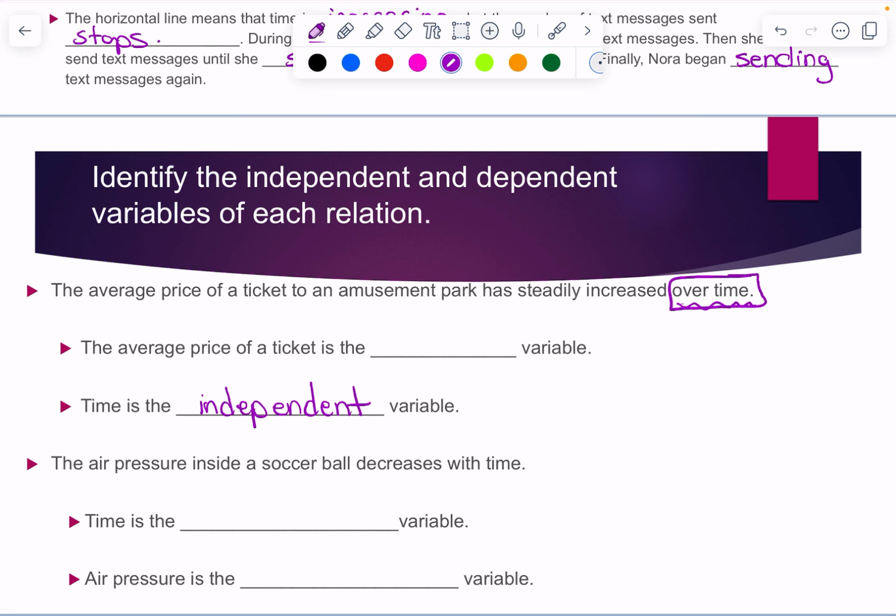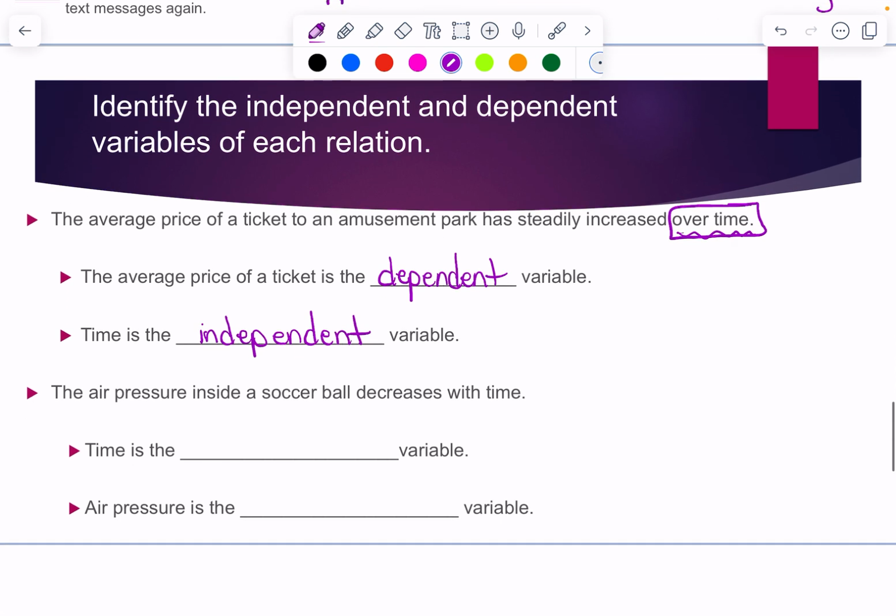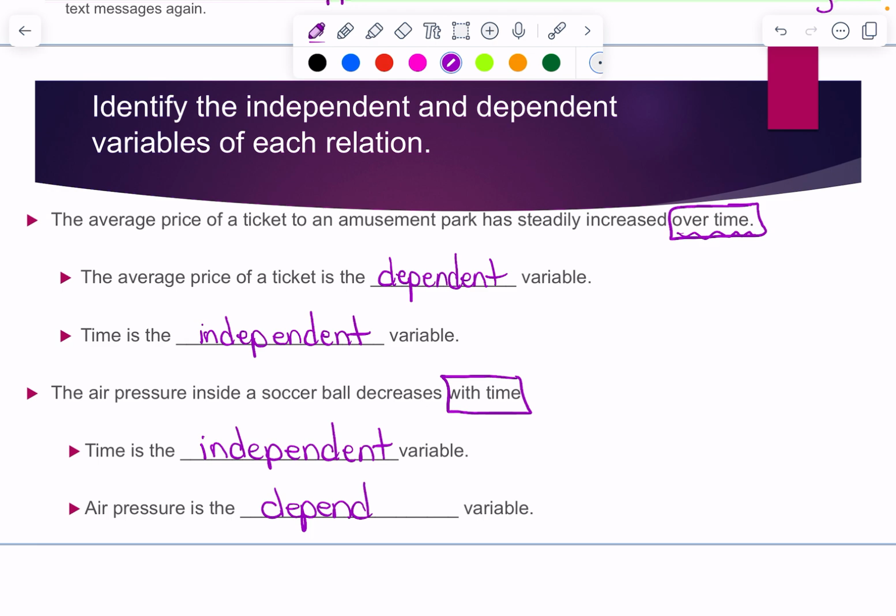So the price is based off of the time. So the average price of a ticket is the dependent variable. The air pressure inside a soccer ball decreases with time again. So time is the independent, and air pressure is the dependent.